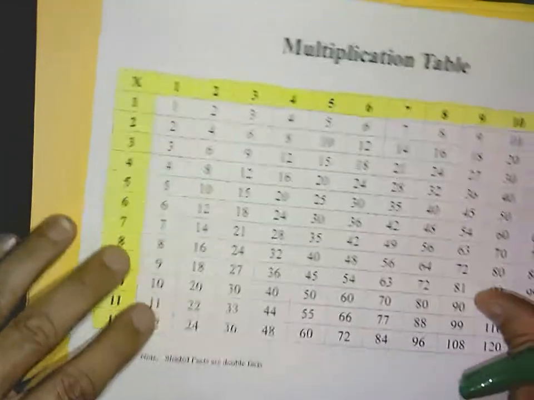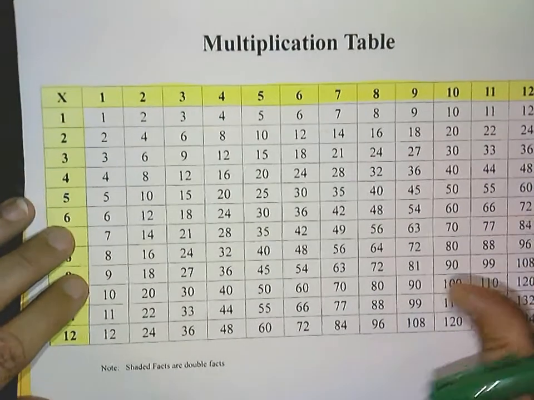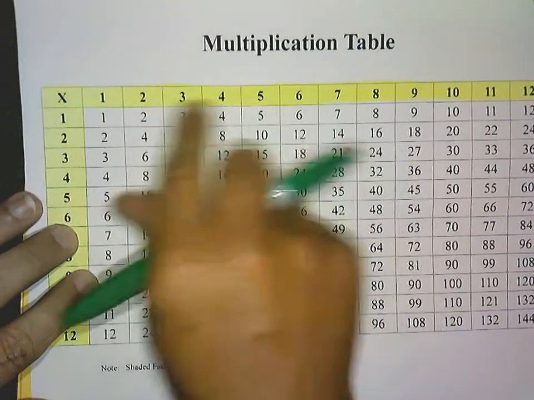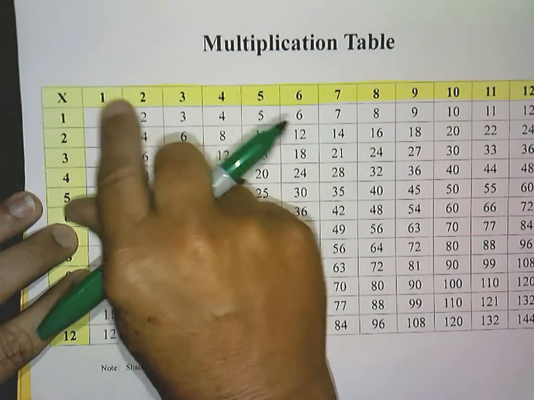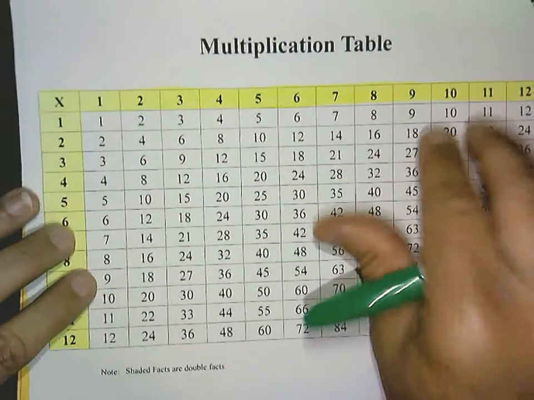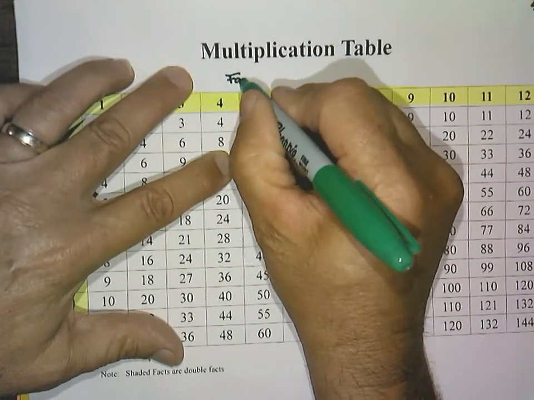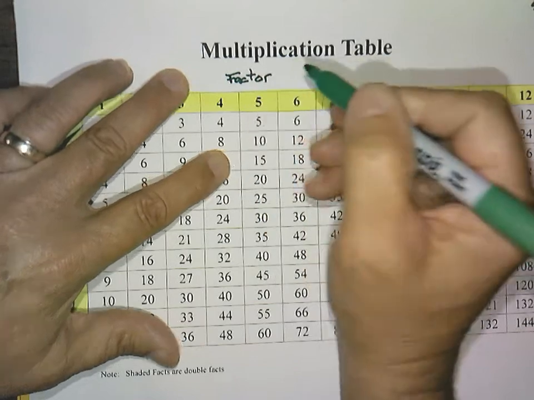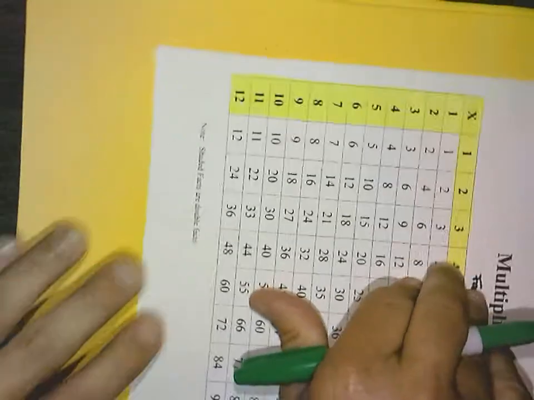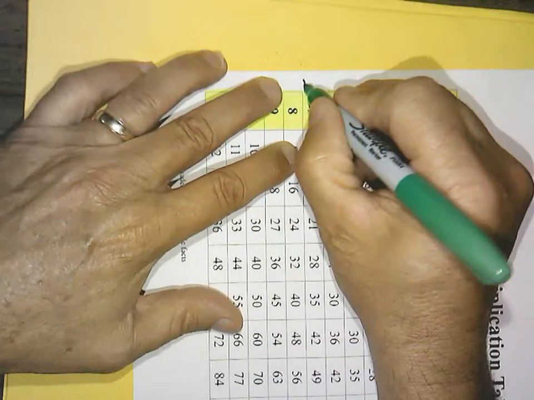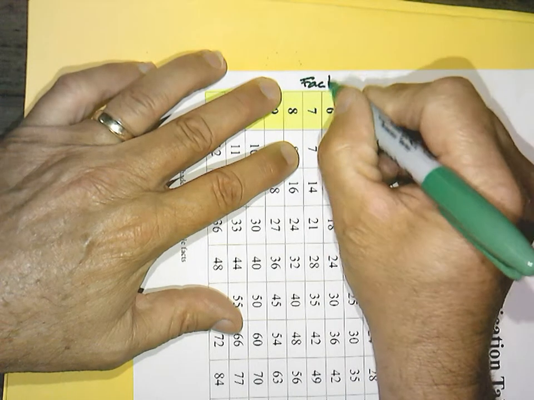Let's solve some problems using our multiplication table. This top, I'm going to go real quickly. Notice again this is multiplication. And the idea here is that this column in yellow would represent one of your factors, and that this column here to the left side in yellow also represents your other factor.